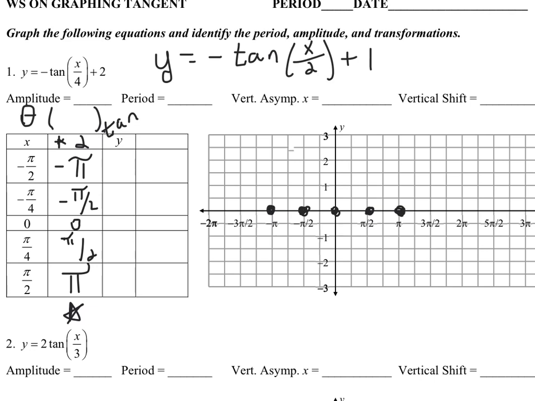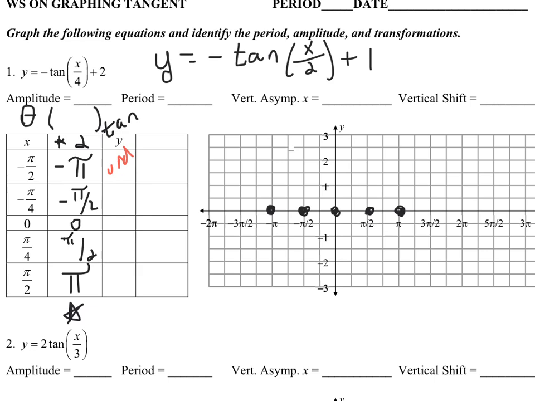Remember, negative pi over 2 has the same angle measurement as 3 pi over 2. So that's down there at the bottom of your circle. So tangent is undefined at that spot. So I'm going to put that in red, undefined, because anywhere tangent is undefined, I'm going to have an asymptote there on my graph.